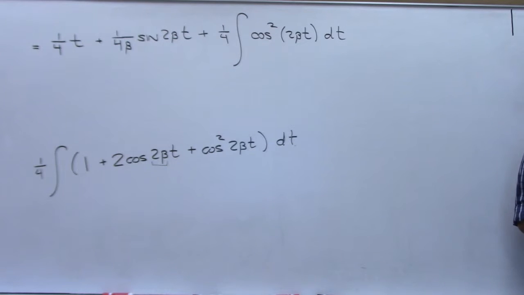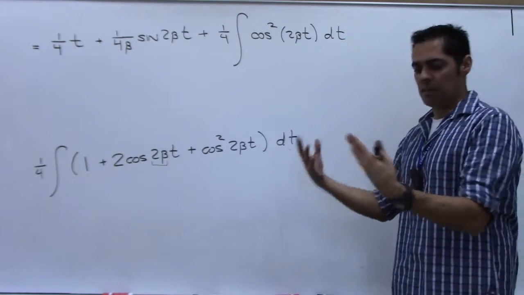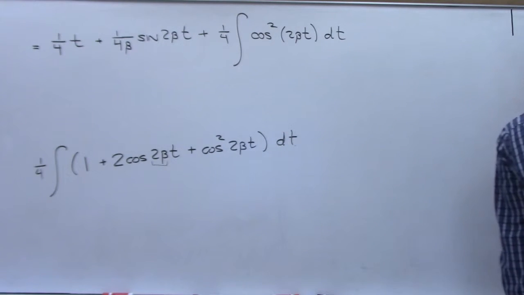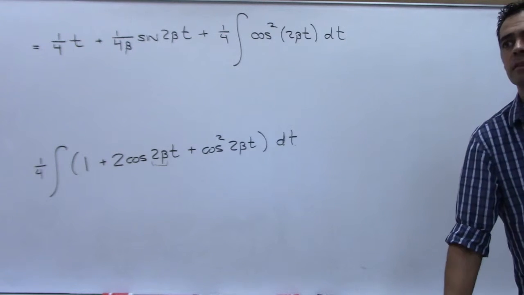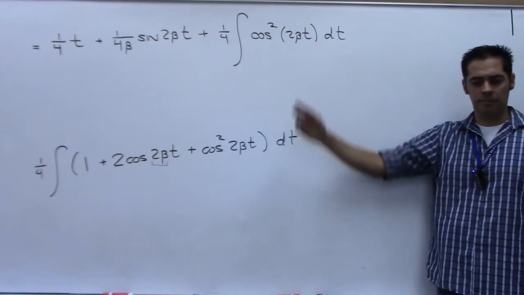So what should I do on this? Multiply them again? We're starting this over. Basically, we're looking at this and saying, you have a trig function to an even power? Yes? Half angle identity. So I'm going to do the half angle identity on this right here.